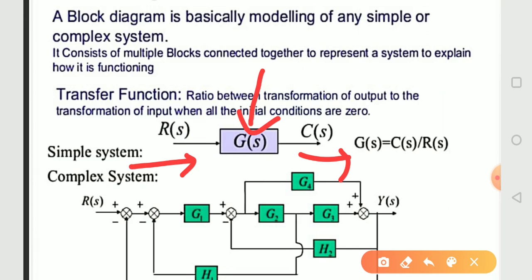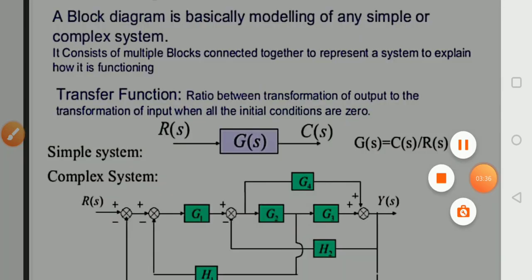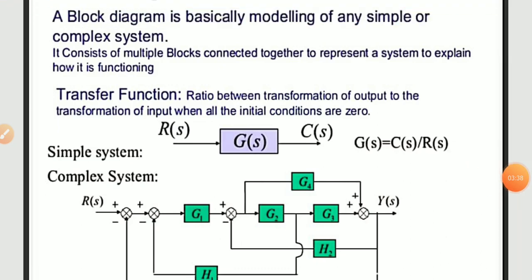So if we want the output C(s) from the block, we can multiply R(s) into G(s). By this, the gain of the block is C(s) upon R(s). According to block functionality, the signal is going to be modified.